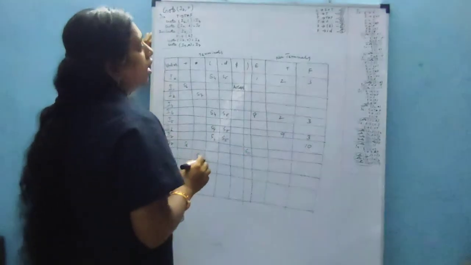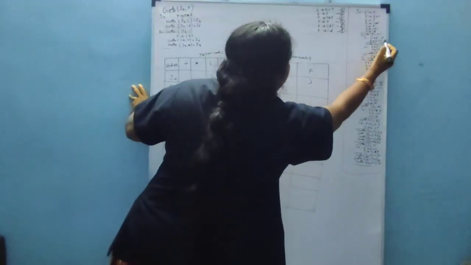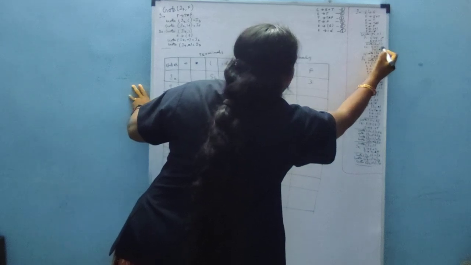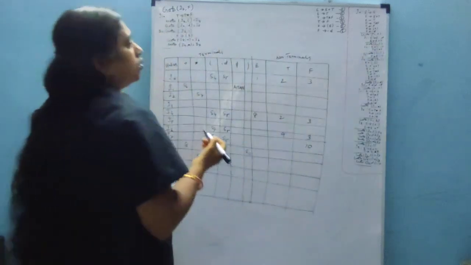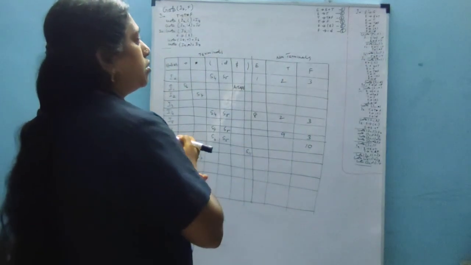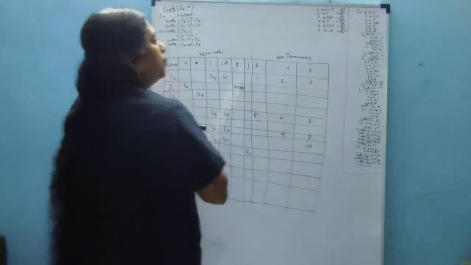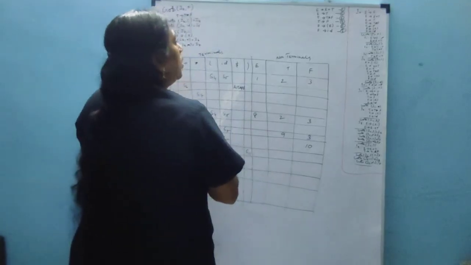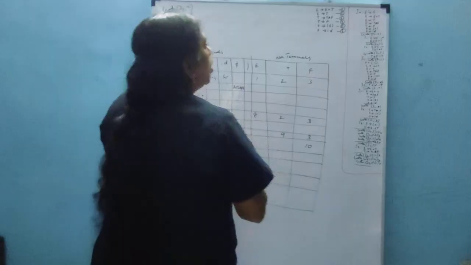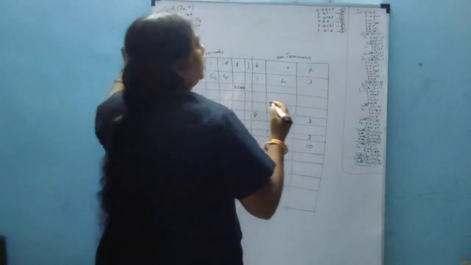The next one, we have to go to the I2 state. This is a reduce state, right? So while using the reduce, we have to find the follow of the non-terminal values.